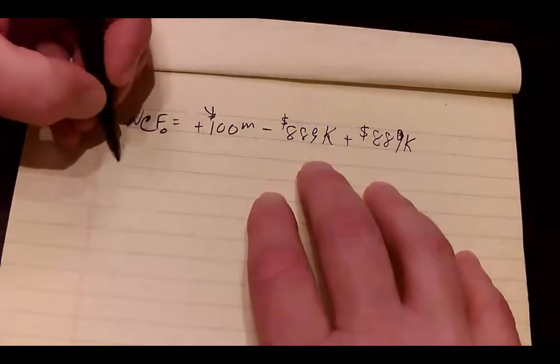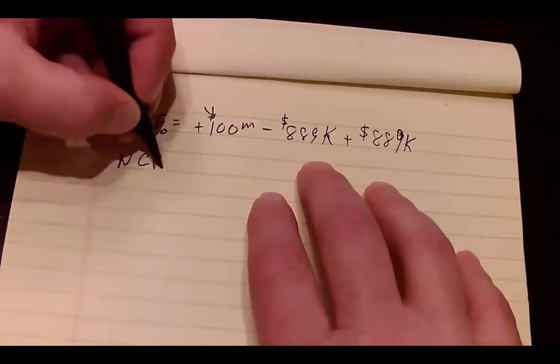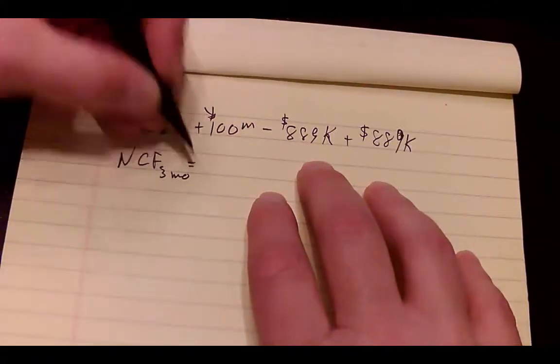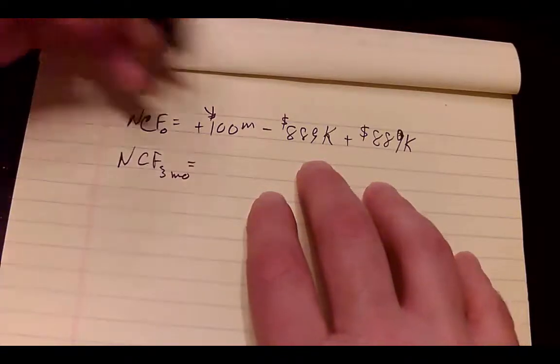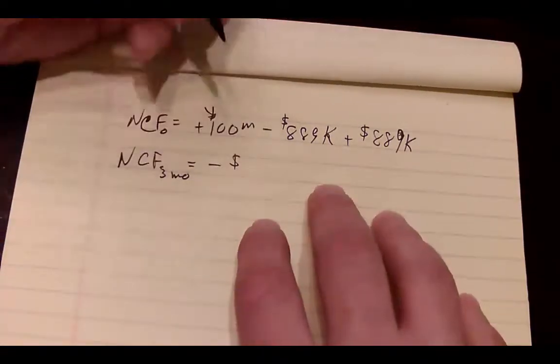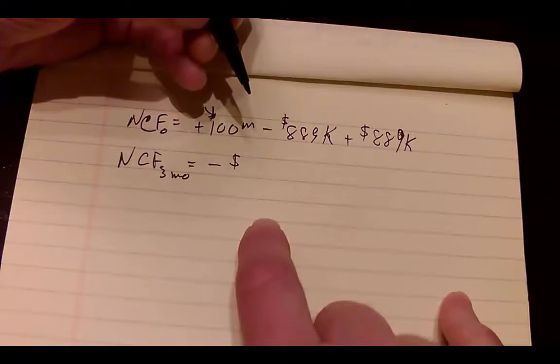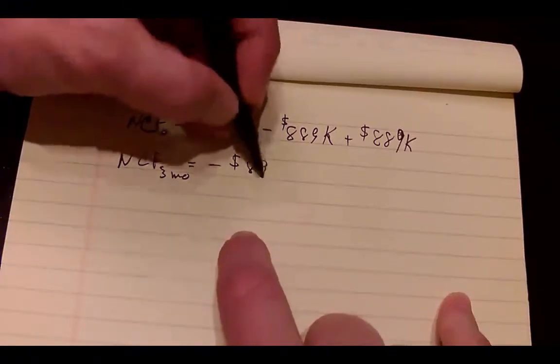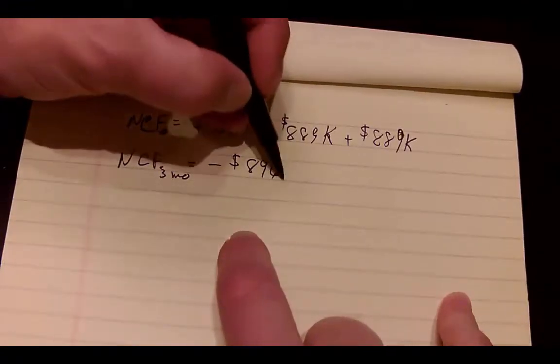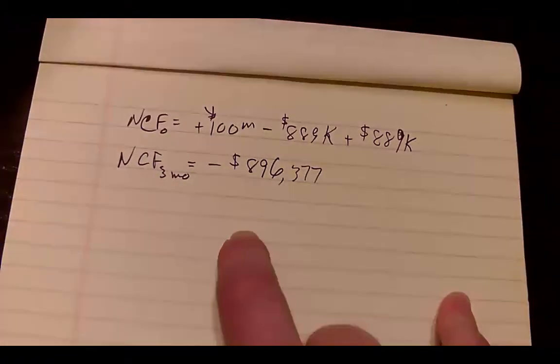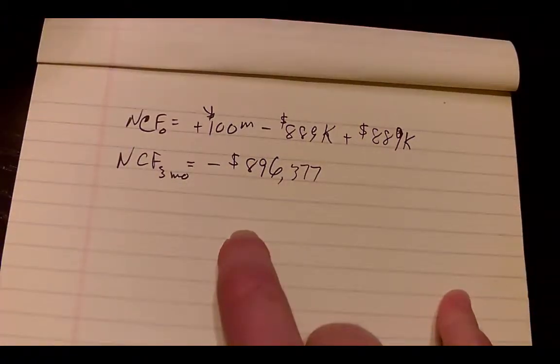Also for number 2, we have a cash flow in the future. From transaction number 2, we're going to repay dollars, so it's minus. It's a negative cash flow. 896 we said. 377. And that takes care of transaction number 2.